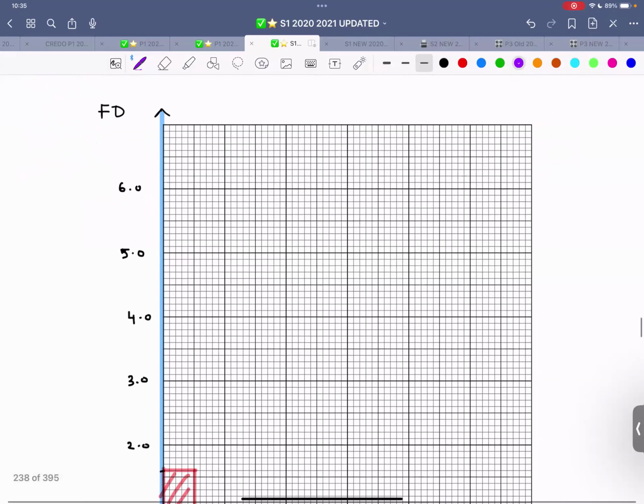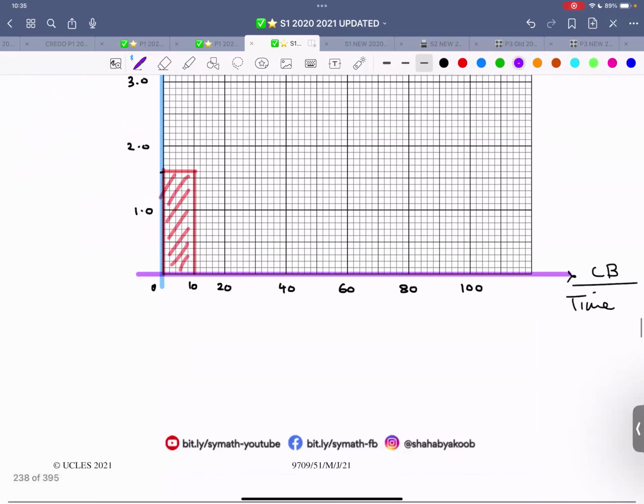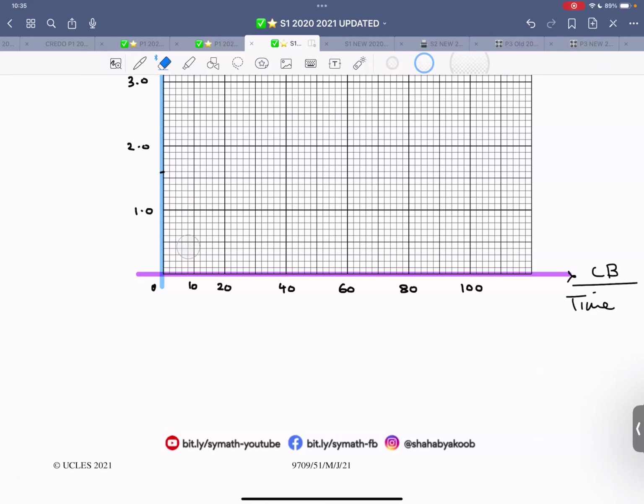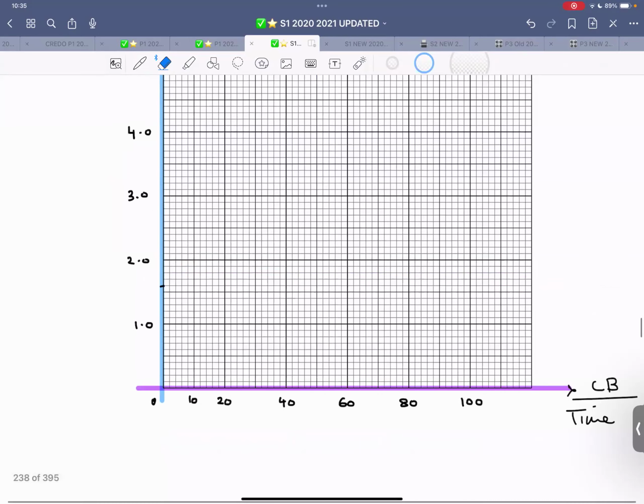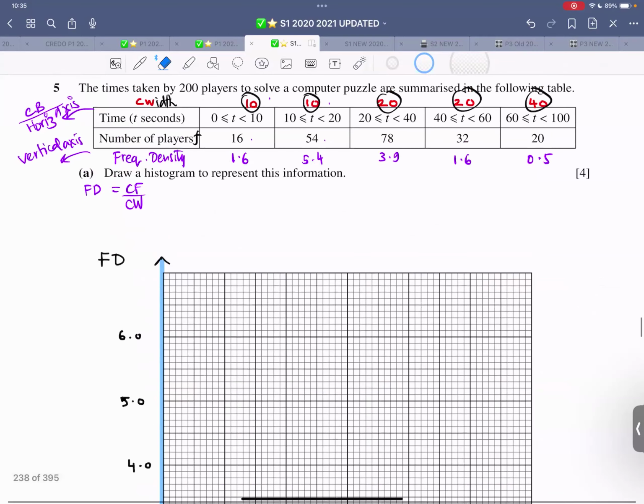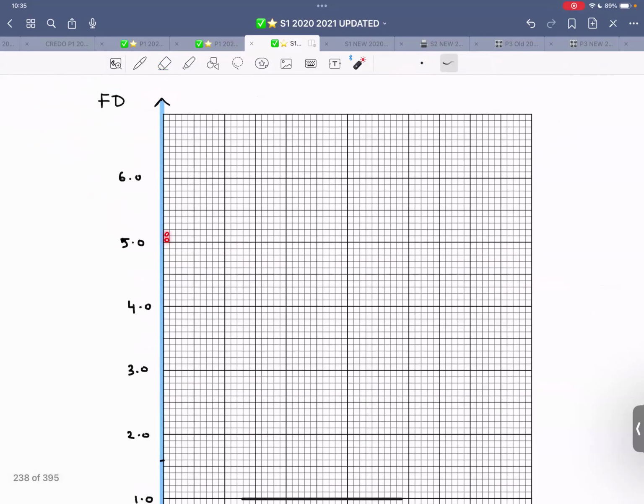And over here, this is frequency density. The first bar is drawn. Let me draw it a little bit better. So now we are starting with 0. And the highest frequency density is 5.4. That is why I have labeled it 6. And we choose a scale that is easier to read.